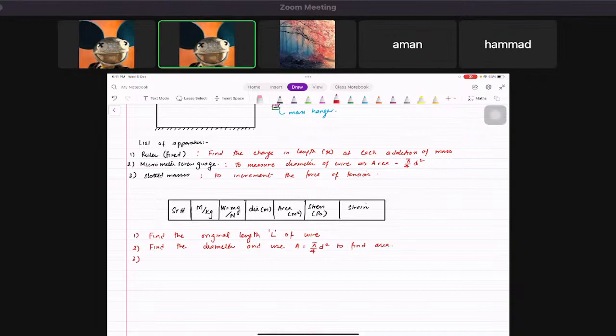Number 3, using stress equals force over area, for each increment in mass, find the stress.